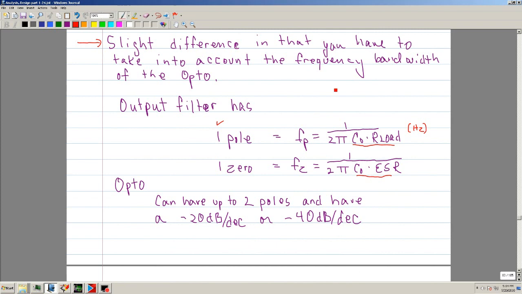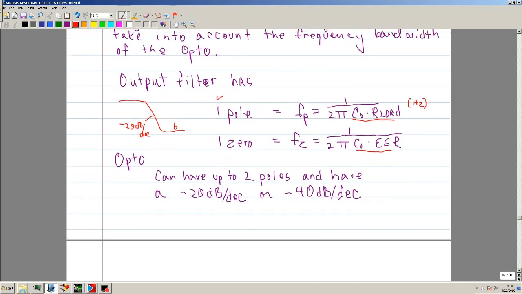So the output filter is going to have a pole and a zero, and it's going to look like this. That's your pole, and then a zero, and the slope would be negative 20 dB per decade, and then 0. Now we have to take into account the opto, and it should look something like this. It could even have two poles.